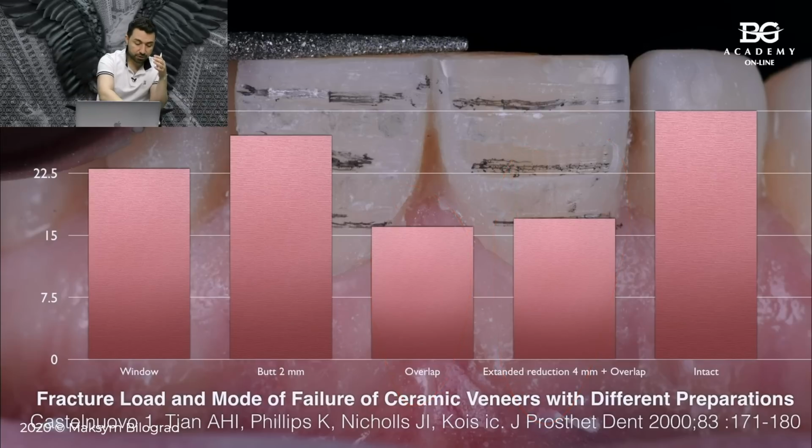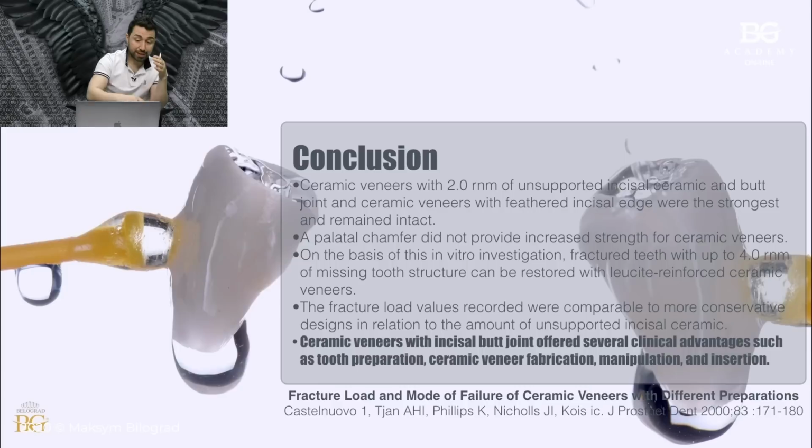But there is another disadvantage about incisal overlap, which is pathway of insertion. When you do any preparations from palatal side or from the lingual side, the pathway of insertion will be vertical. So in that case you have to prep more from the cervical area, and it is not good from biological principles of preparations.